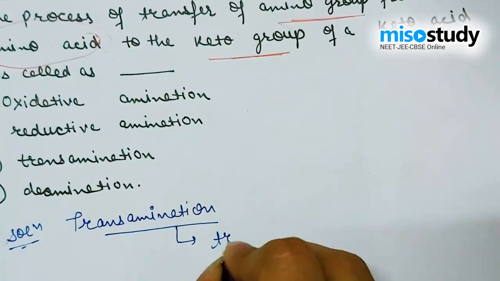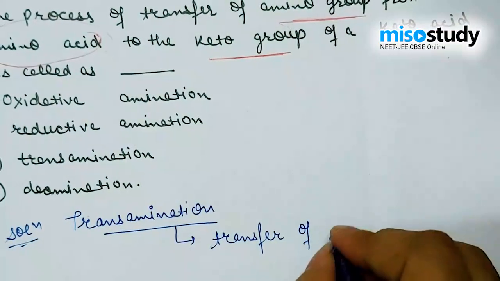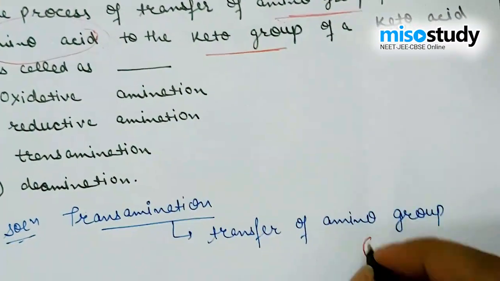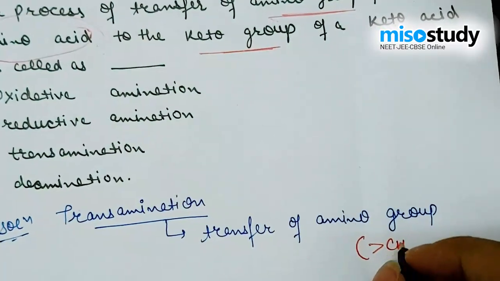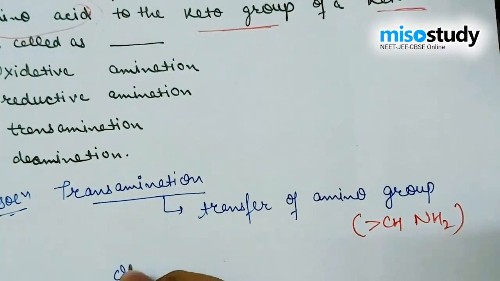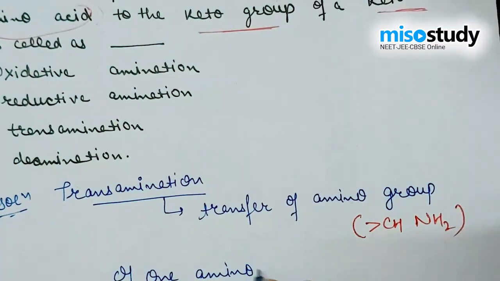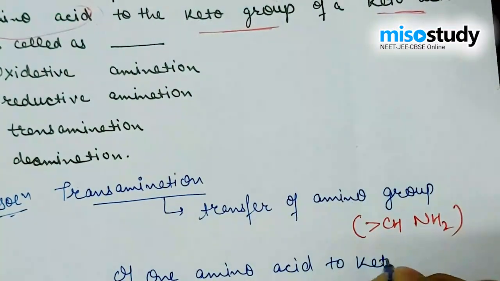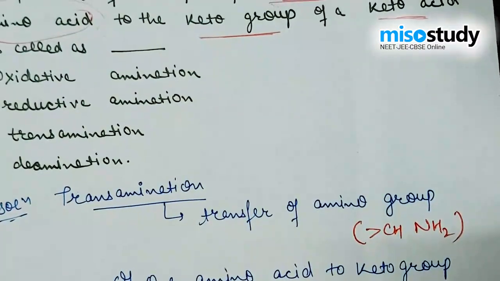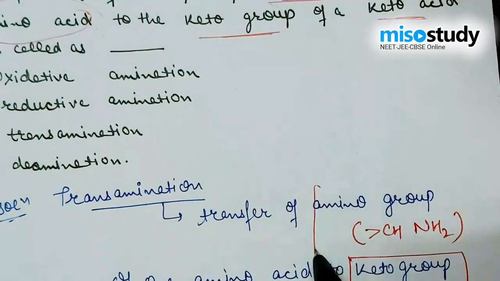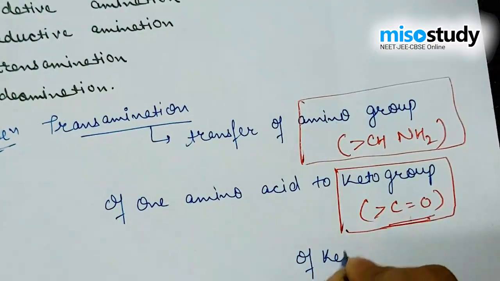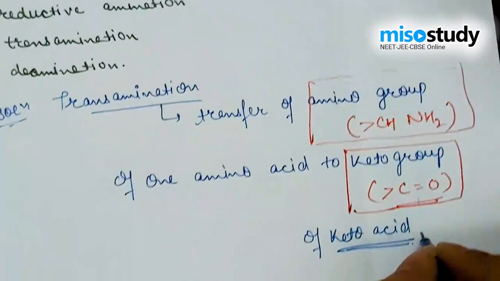Transamination is actually the process of transfer of amino group, also written as NH2, of one amino acid to the keto group, and the keto group is also written as C double bond O. This is the keto group and this is the amino group of keto acids.